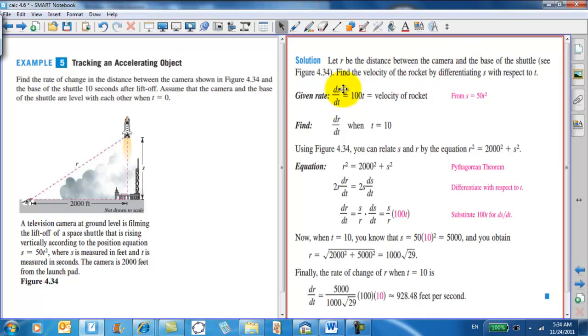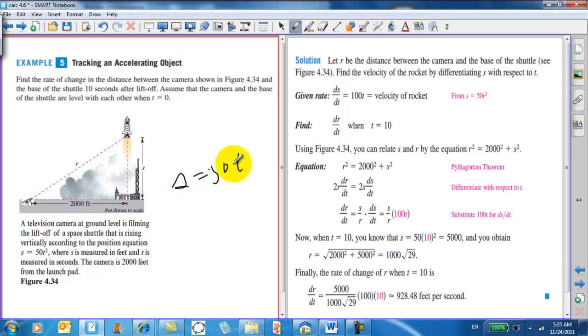Let's see how that comes into play. We're given some rates: ds/dt is 100t. We get that from s equals 50t squared; we actually have to do a little derivative. The derivative of s with respect to time is 50 times 2t times the derivative of t with respect to time, which is just 1.